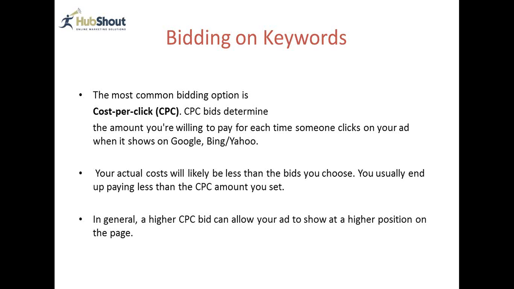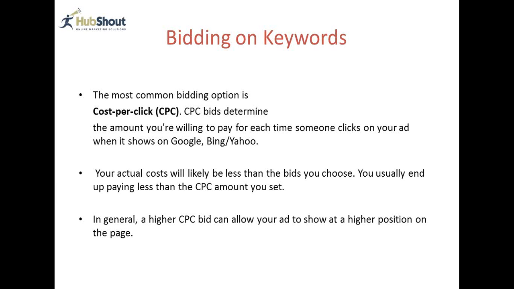So that's why a lot of times you'll see that you're willing to pay up to $5, but you're not actually hitting that amount, because the person below you had some gap between your bid and their bid. Now, a lot of people believe that those gaps are large, but I think they're a lot lower than that.